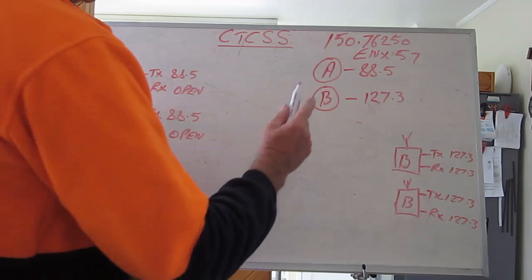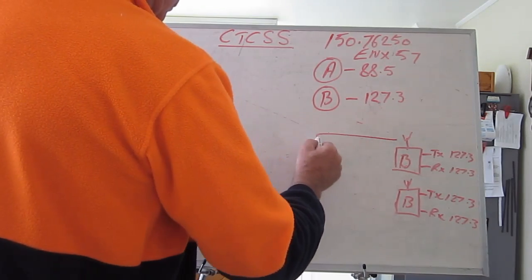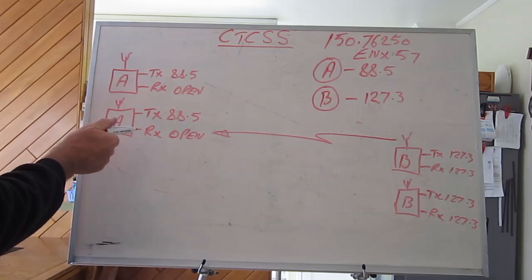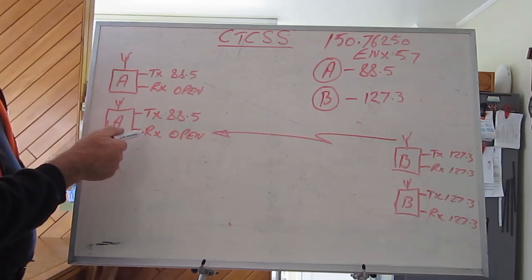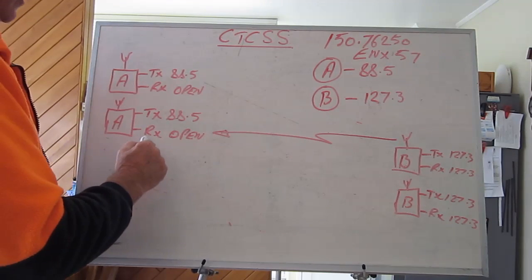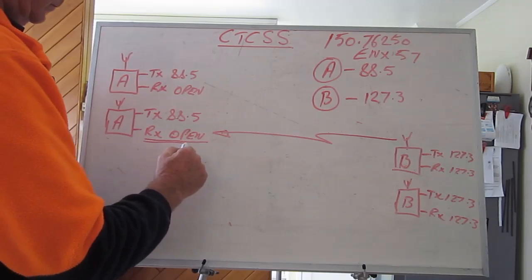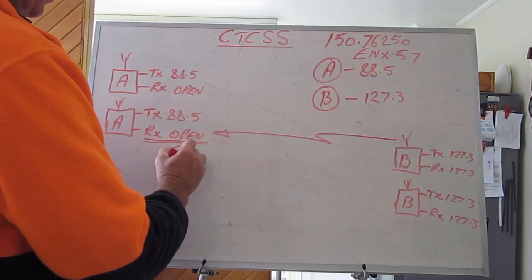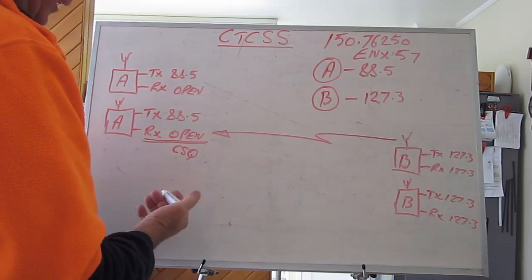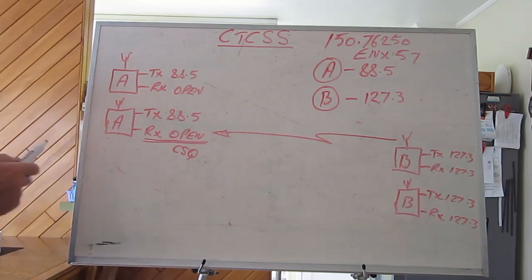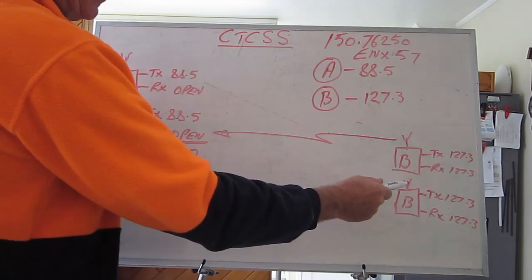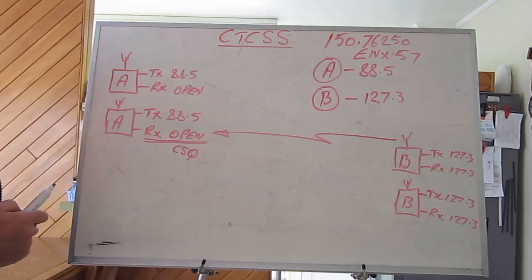Unfortunately, signals from Company B were also received over here at Company A, and that's because these receivers were open. They were probably programmed CSQ, but either way they were open. So Company A began to receive co-channel interference from Company B.